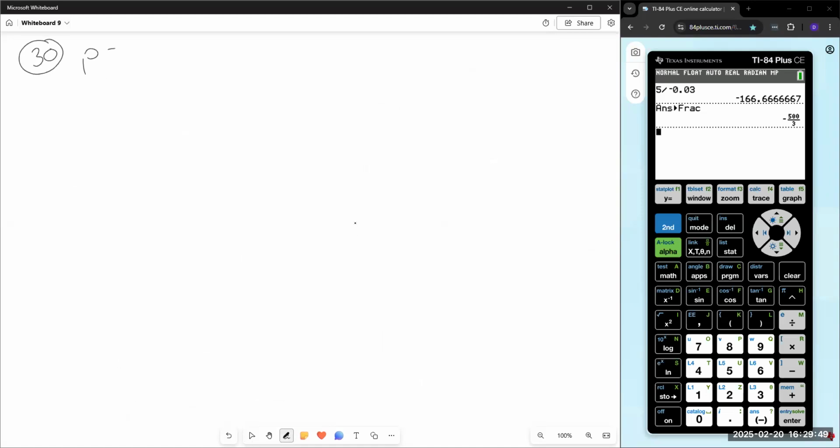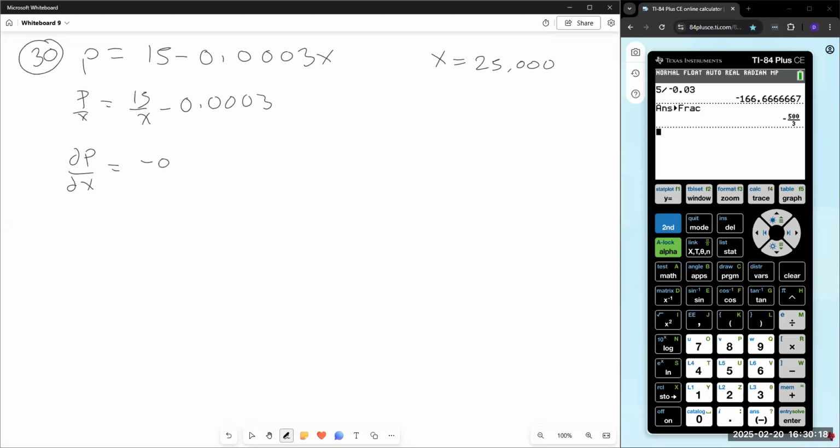Number 30 has a demand function of 15 minus 0.0003x and a quantity of demand of 25,000 units. So P divided by X is 15 over X minus 0.0003, and dP/dx is negative 0.0003.